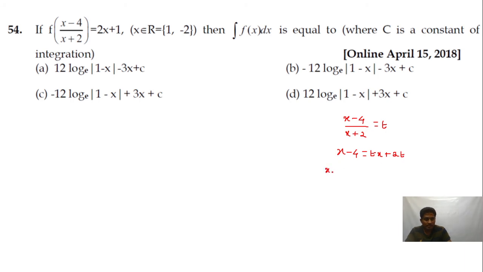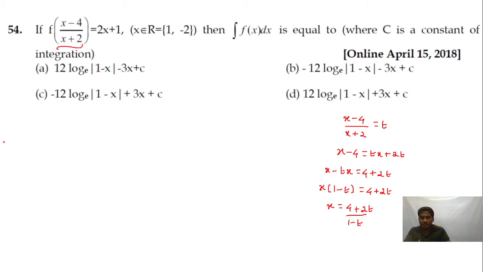So this can be written as x minus tx is equal to 4 plus 2t. Take x common, you get x(1 minus t) is equal to 4 plus 2t. So x is equal to (4 plus 2t) divided by (1 minus t).